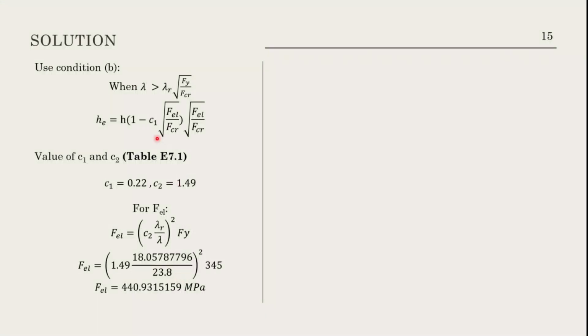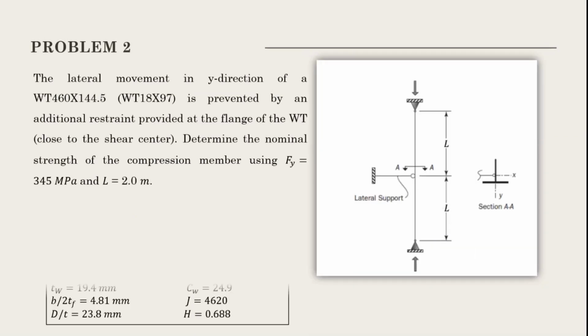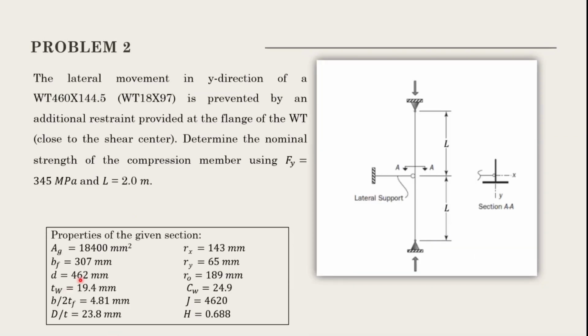Okay, so we have C1, we have FEL, we have FCR. Therefore, we can now compute for be. Okay, so we just substitute. So the stem of the T is 462. Is that right? Wait, let me check. Yeah, 462 stem.